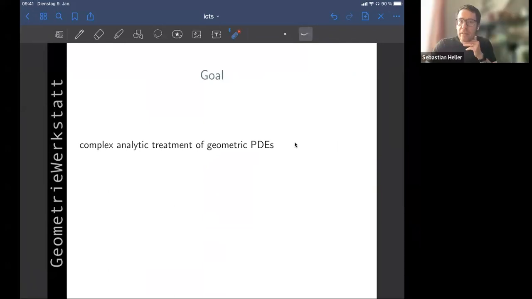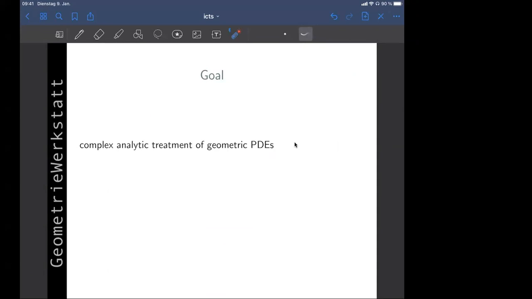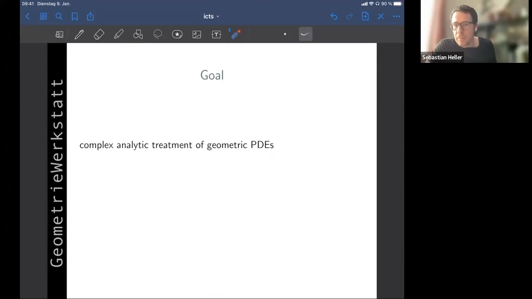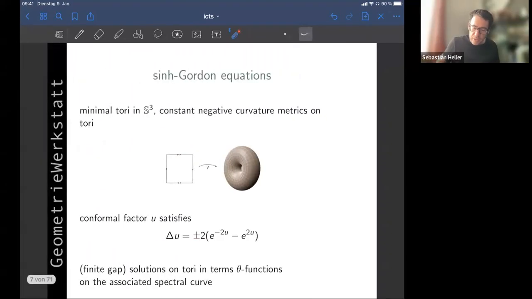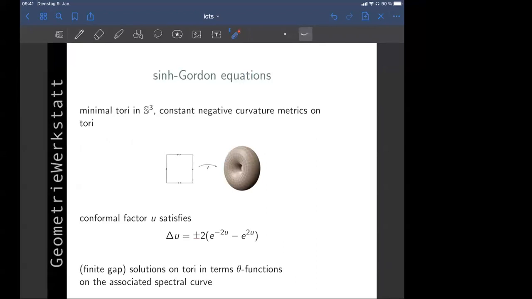So any other questions at the moment? Yeah, I have a question. When you say you have constant negative curvature and you also have a conformal factor, what does it exactly mean? On the torus, because of the conformal factor, there could be a non-trivial curvature, I would suppose. Yes, in general, you have a non-trivial curvature.